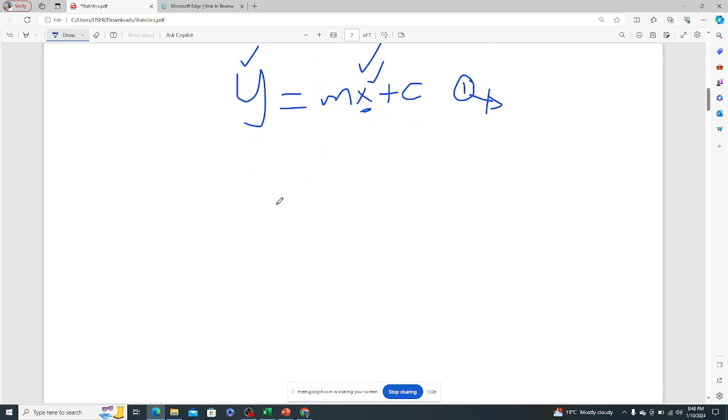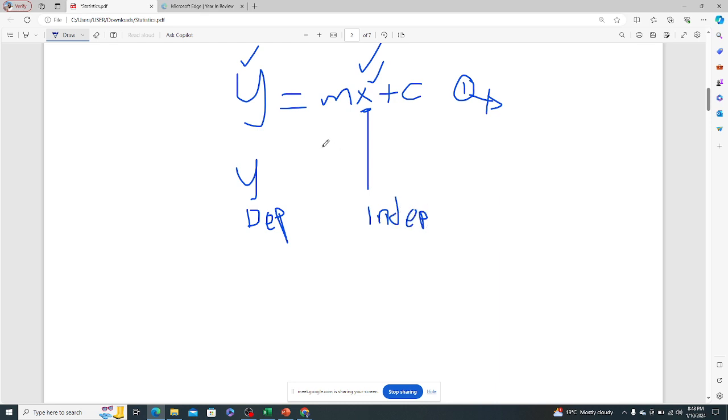In this case, y is our dependent variable, and x we know is our independent variable.